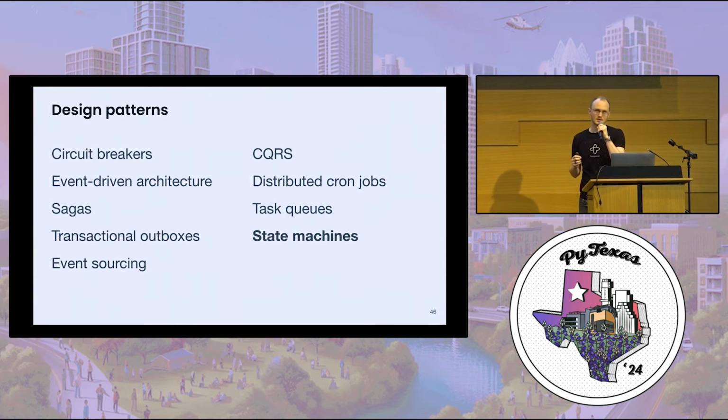State machines. So a common pattern is I have some business process that has multiple states that it's in, and I want it to be done reliably. So I split this process into multiple steps that I put on job queues, and I update the current state of this process after every step.